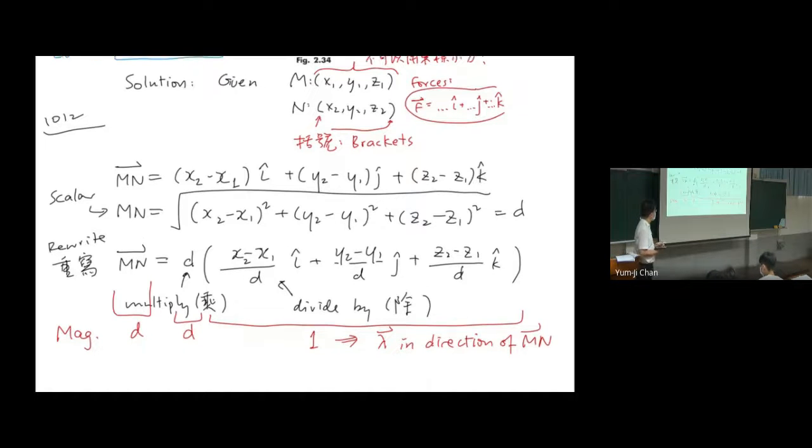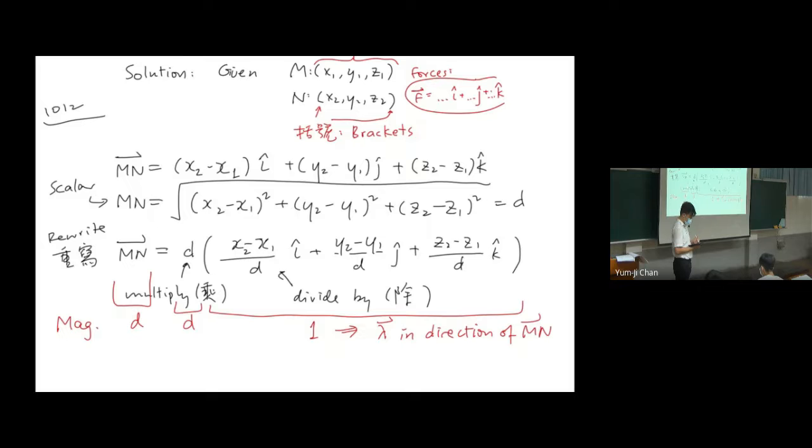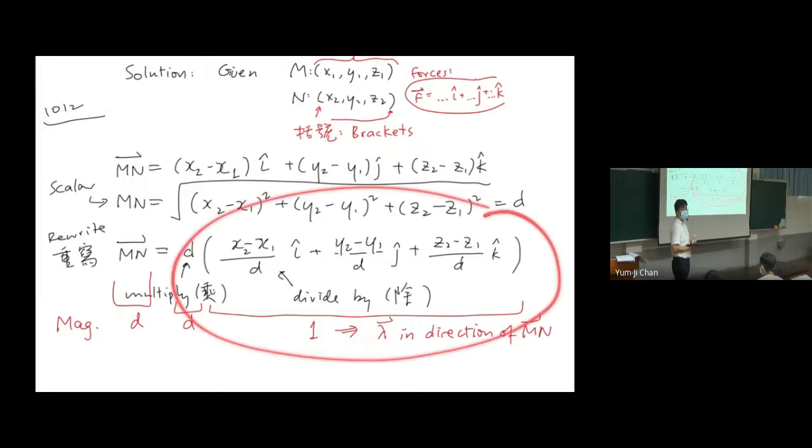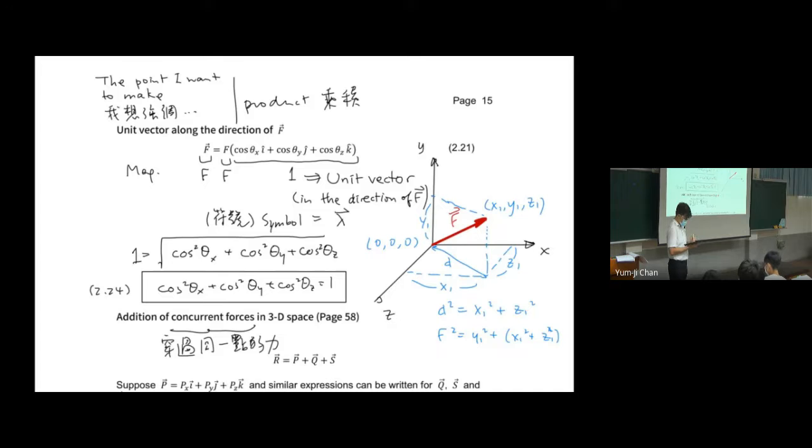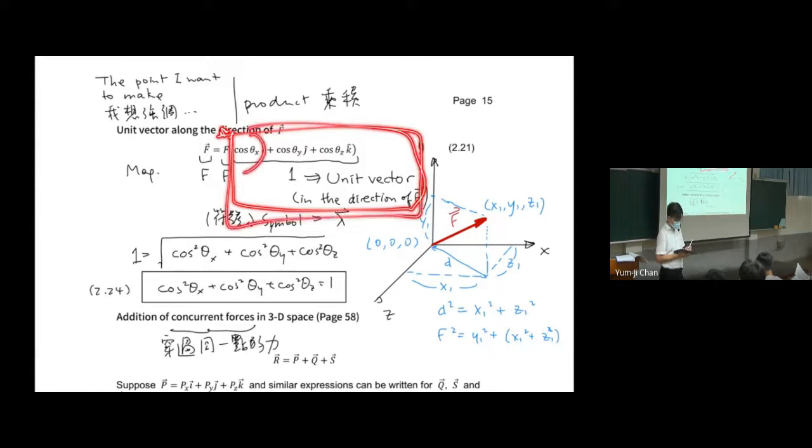I'll come back in a minute. Let's go back to page 15 of the notes, the previous page. The unit vector in the direction of F has this form: cosine theta x i plus cosine theta y j plus cosine theta z k. In the textbook it is 2.21.